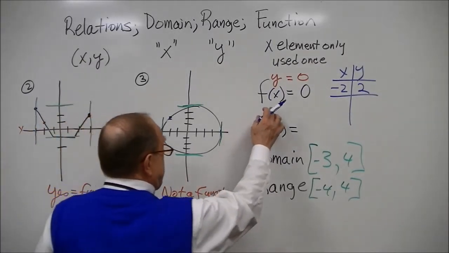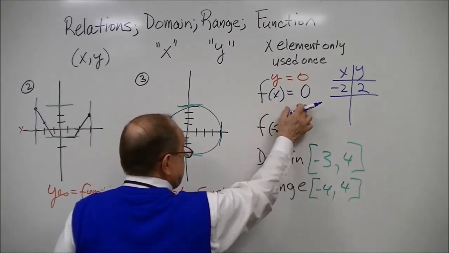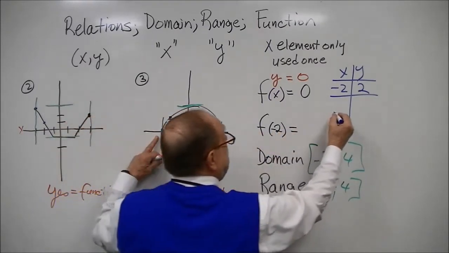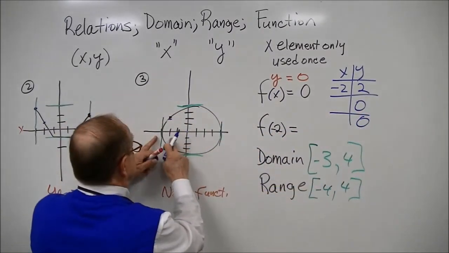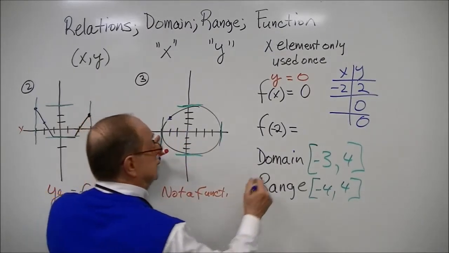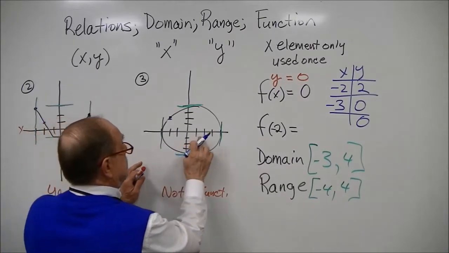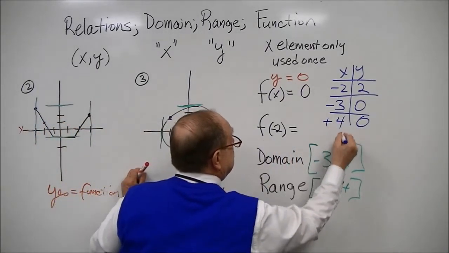And if f of x is 0, that is y equals 0, we have two values here again. So here it could be a negative 3, and a positive 4.